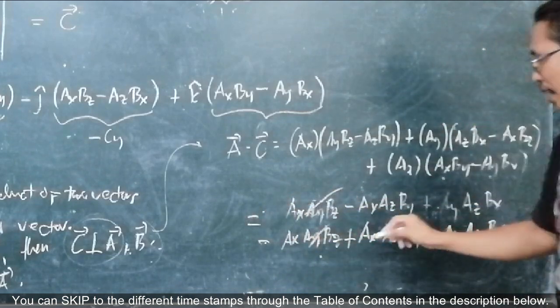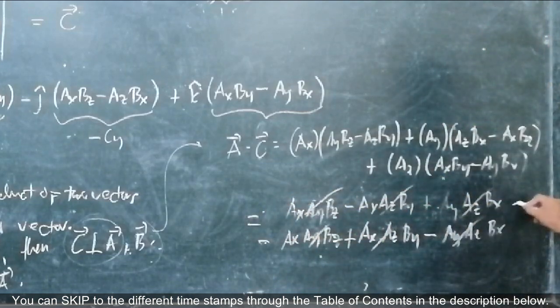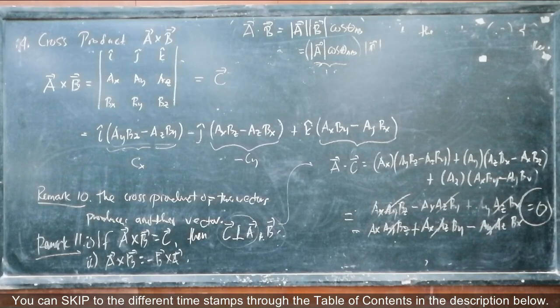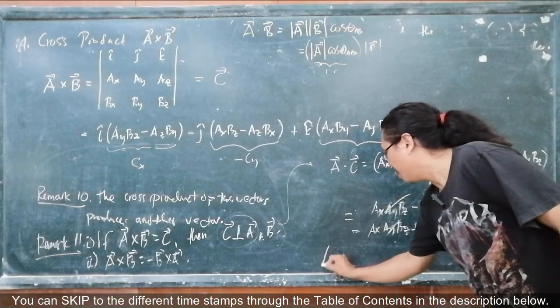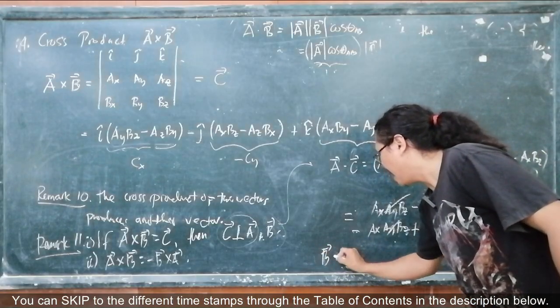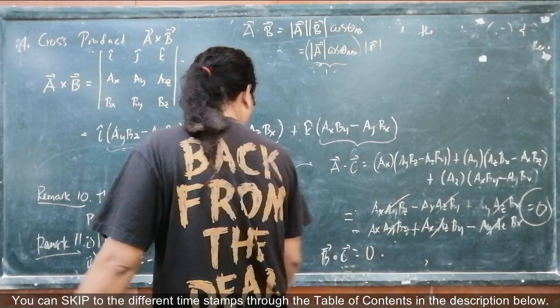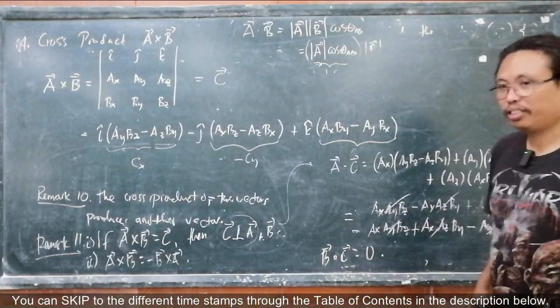So this will cancel out, that will cancel, and this is clearly 0. Now it is left to you as an exercise that indeed B dot C is also 0. You prove this one.